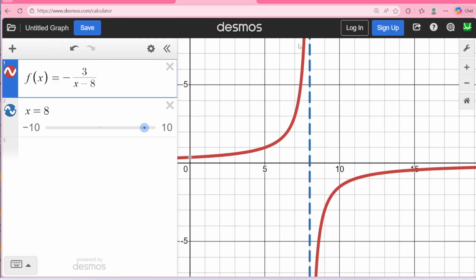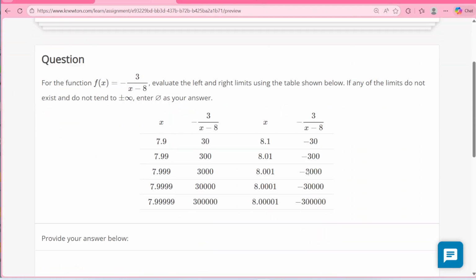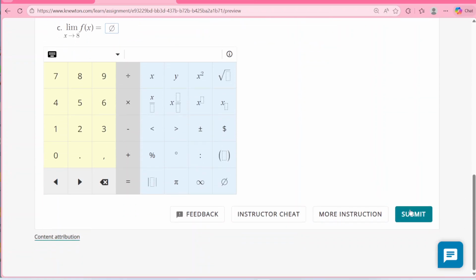So we got a positive infinite limit to the left of 8. And then as I approach 8 from the right, it's going down forever. The outputs are approaching negative infinity. And so, different infinities on either side. So then the two-sided limit, again, does not exist. So you can look at a graph to help you too.